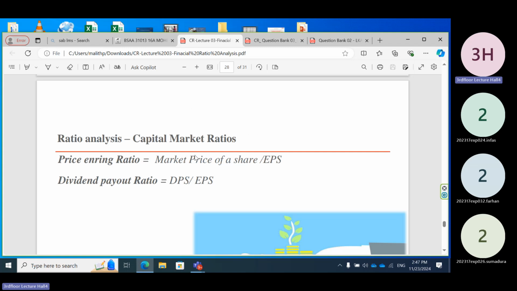You can go to the Colombo Stock Exchange, check the share price times the number of shares. That's the market value. Market value of the shares plus debt value. That's the total value of the entity.